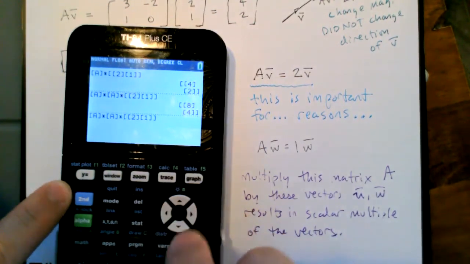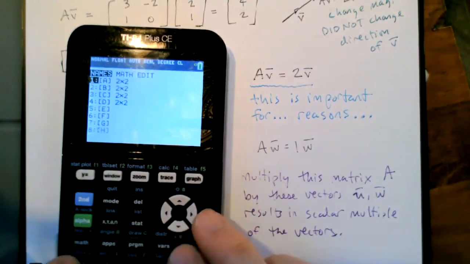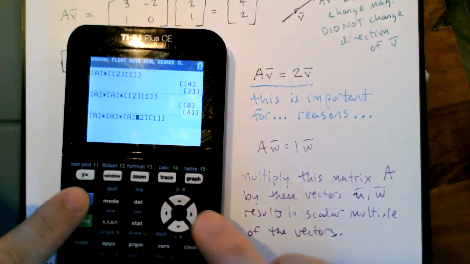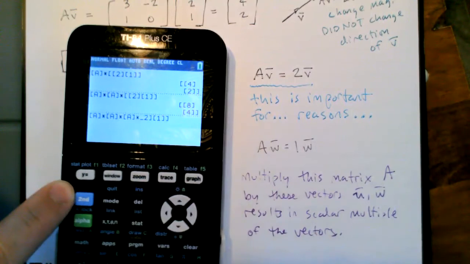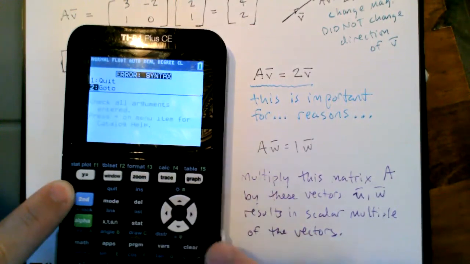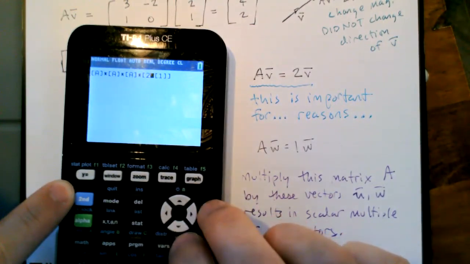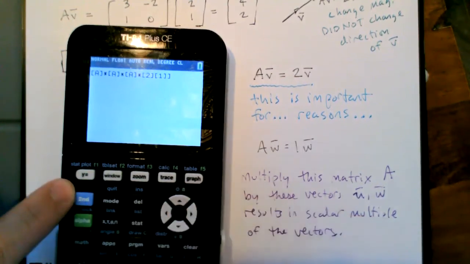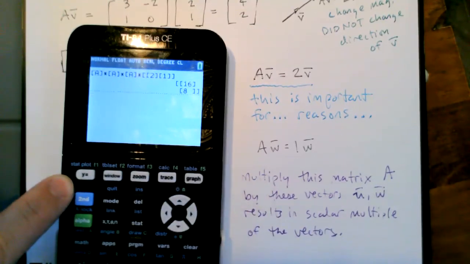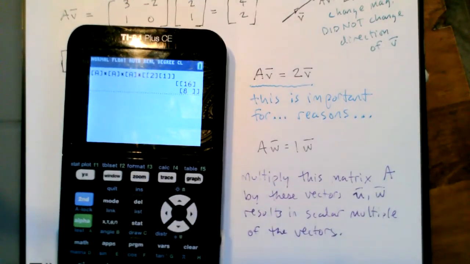If I insert another A, I'm just going to multiply the previous vector by 2 again.